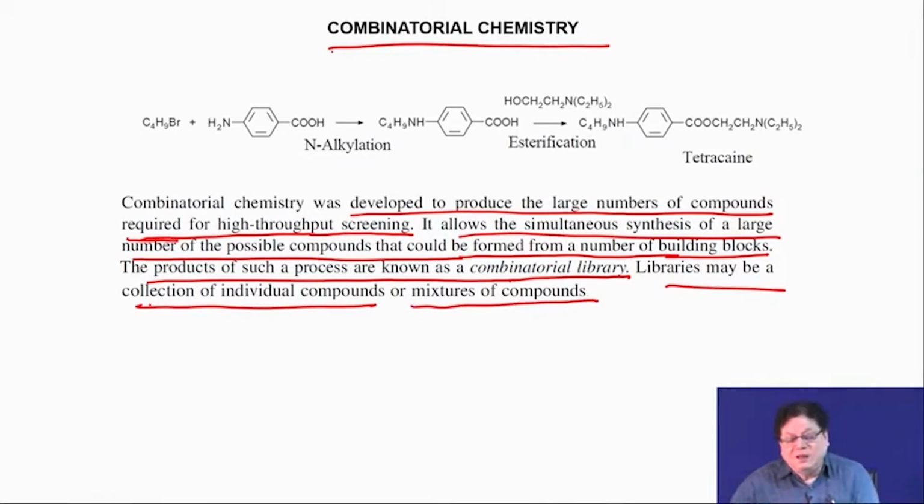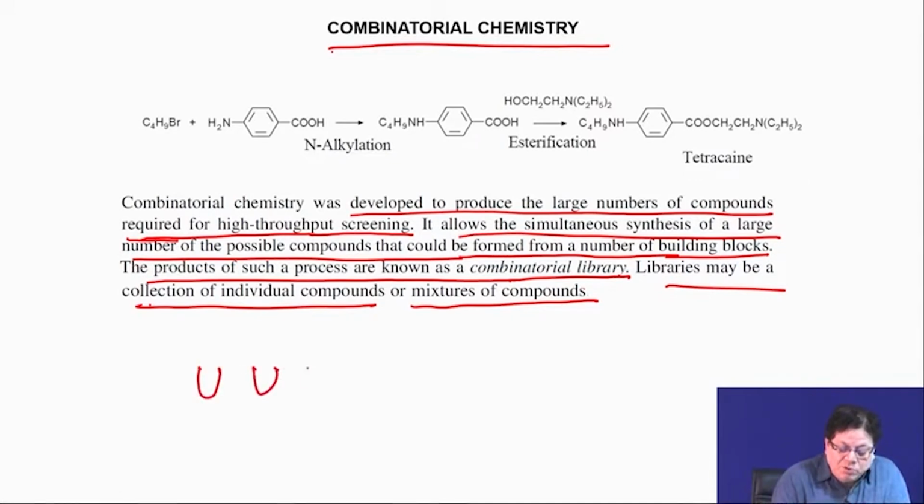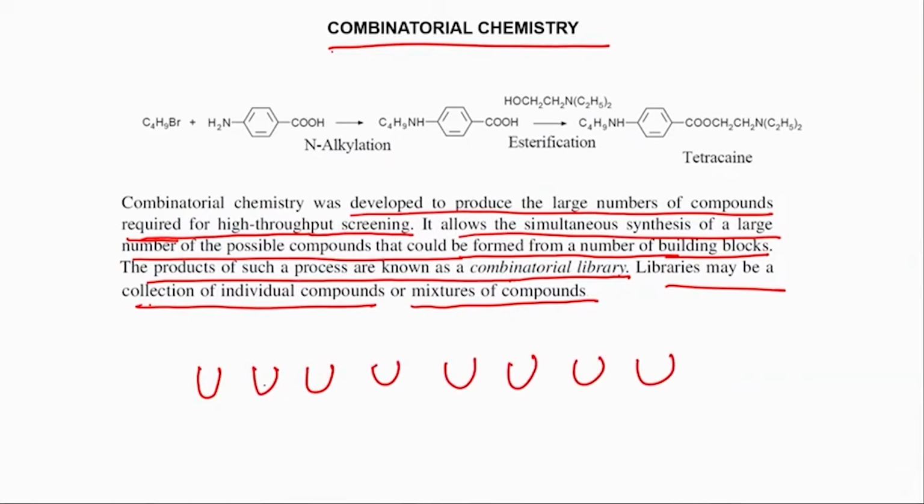This is very interesting. Libraries may be a collection of individual compounds. That means, suppose you have 10 test tubes, numbered 1, 2, 3, 4, 5, 6, 7, 8, 9, 10. Now, suppose I add CH3COCl, the same acid chloride, in all these test tubes, and then I add different amines.